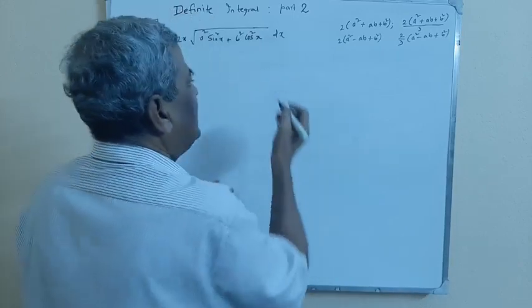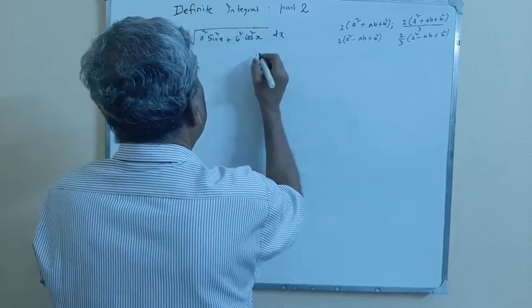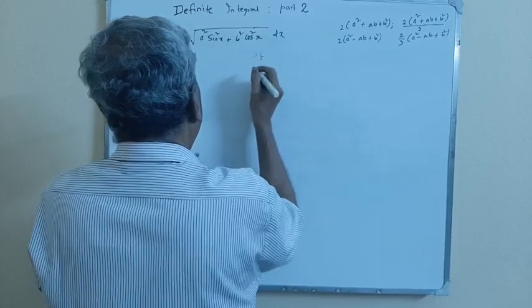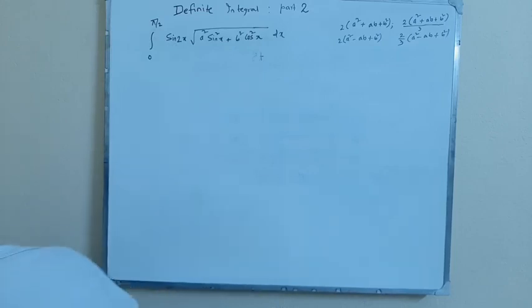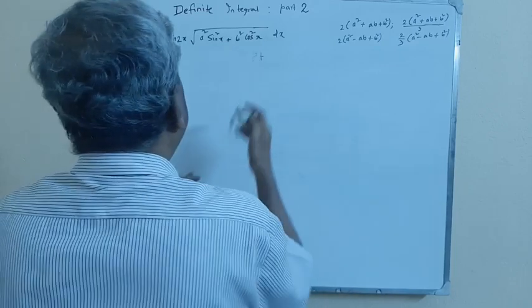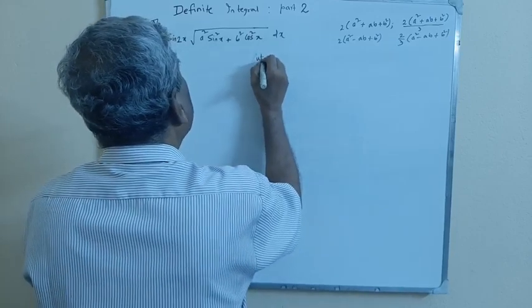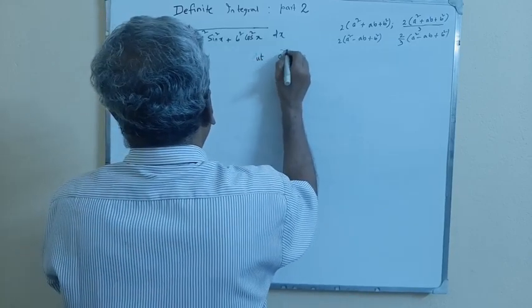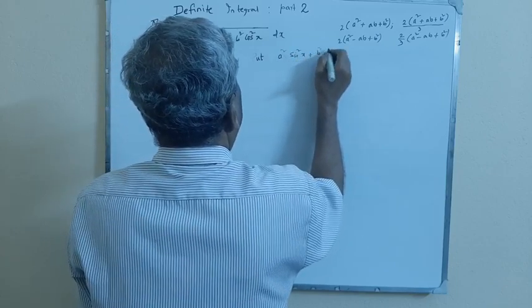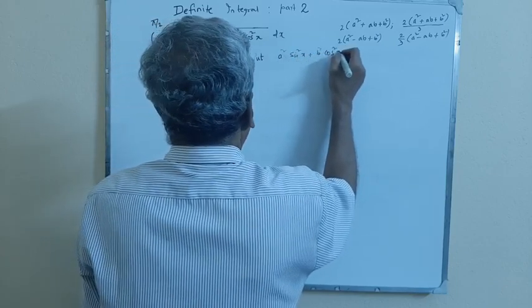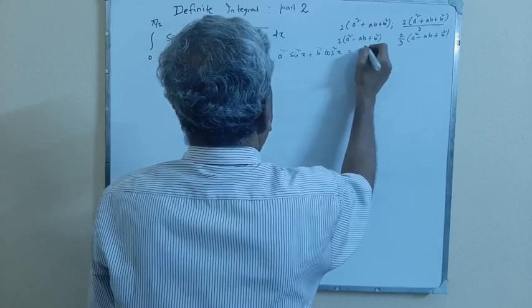For that purpose, let us put a square sine square x plus b square cos square x is equal to z square.